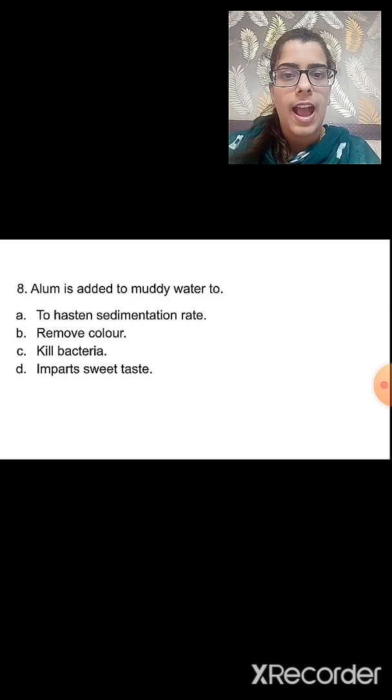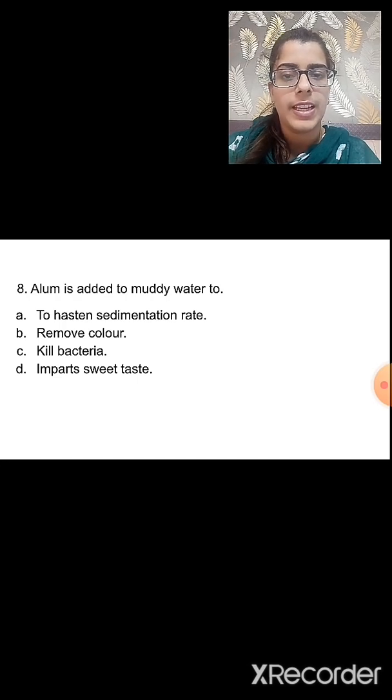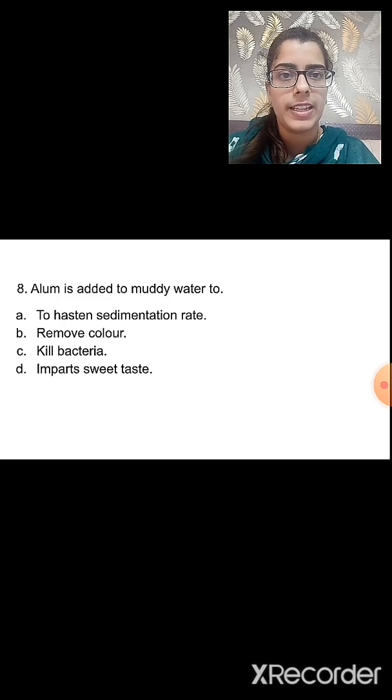Question 8. Alum is added to the muddy water. Why is alum added to the muddy water? A. To hasten the sedimentation rate. B. To remove the color. C. To kill the bacteria. Or D. It imparts sweet taste. So what do you think is the correct answer?